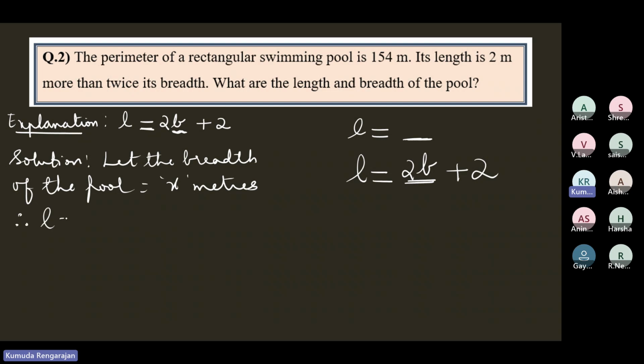Therefore, length is equal to 2b plus 2, that is 2x plus 2 meters. If the breadth is x, then the length will be 2x plus 2 meters.